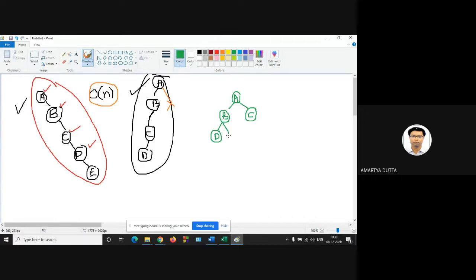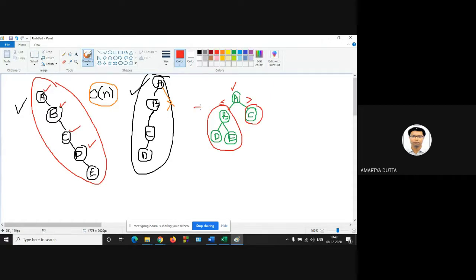D, E. So this is a binary search tree. This entire part is the left subtree of root A, and only C is the right subtree of root A.